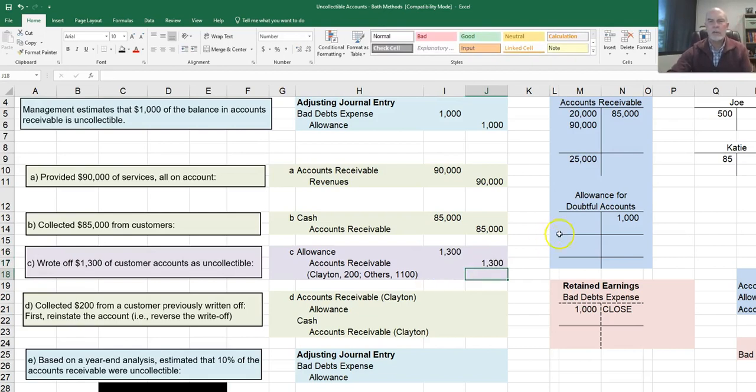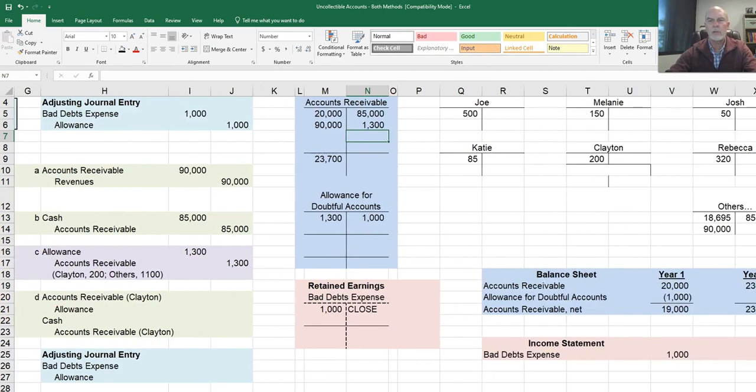And when we post that, the debit goes here, the credit goes to accounts receivable, and remember, we also have to record what customer that is. So let's say that 1,100 of it went to this other customer category, and $200 went to Clayton.